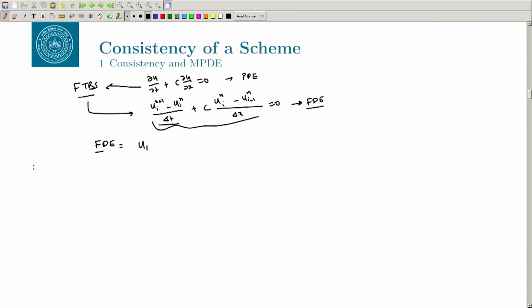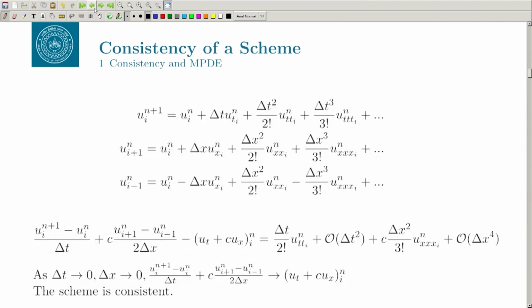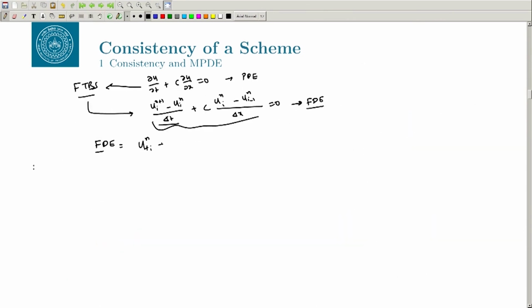So, that will be u_t at i n, plus delta t u_tt at i n, and plus all other terms, okay, and plus c, and this will be u_(i-1)^n.